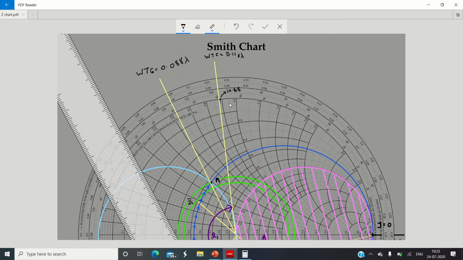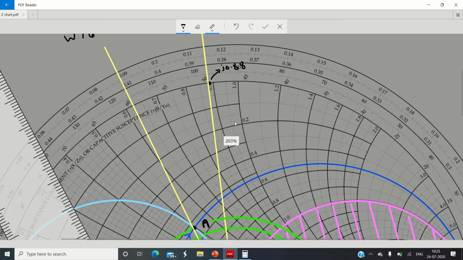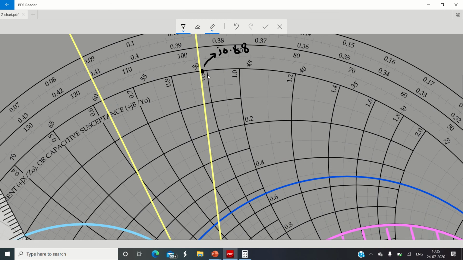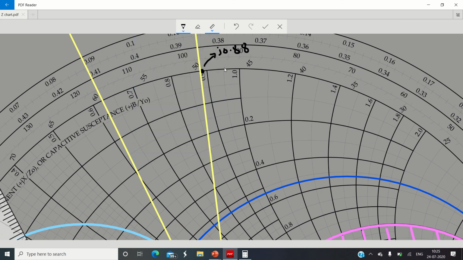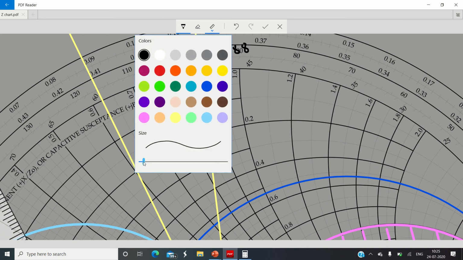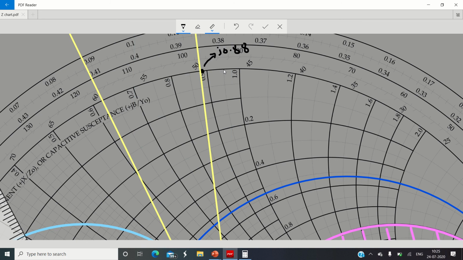See here, if you zoom into this particular region, it is 0.9 over here, 1 is over here, and 0.95 is over here. So I will denote this particular point, 0.95, exactly at this point. And what is this value?